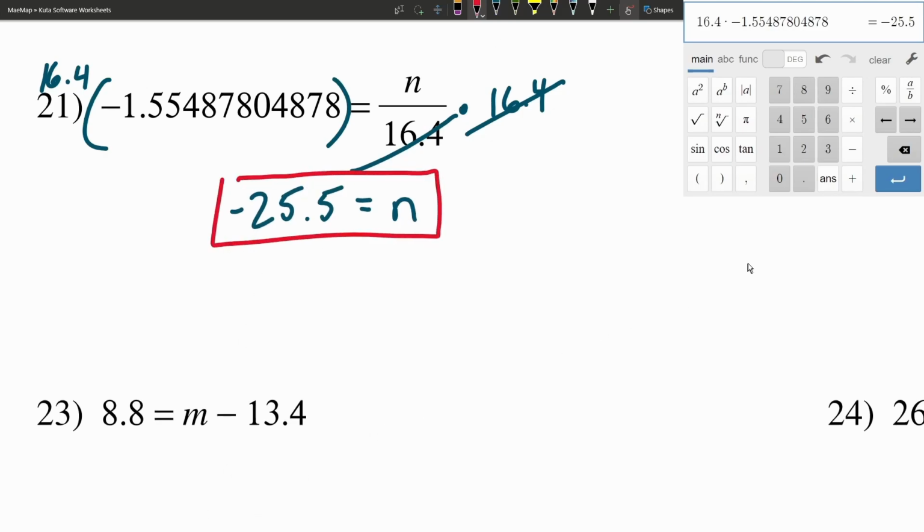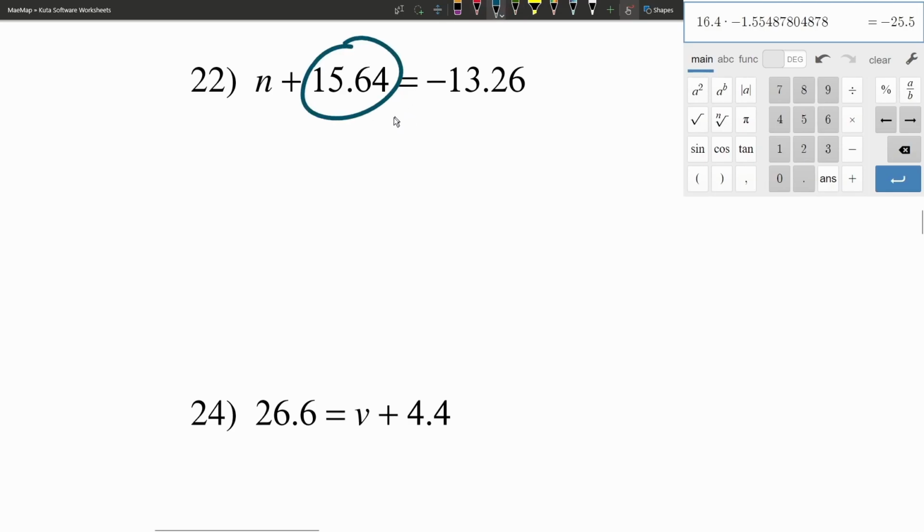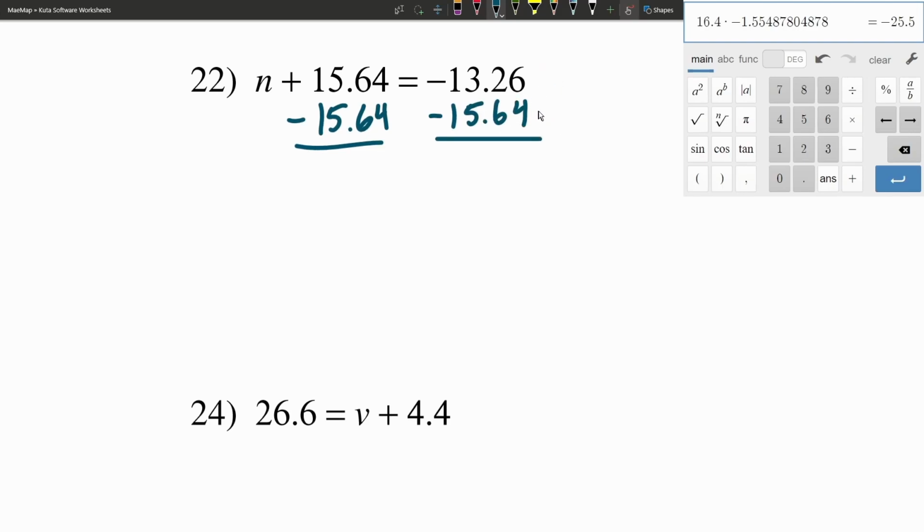Moving on to 22. N plus 15.64 equals a negative 13.26. So we're going to get rid of this 15.64 by subtracting 15.64. Now remember, we're going further into those negatives, so I'm just going to treat this like addition over here. A negative minus a positive is a negative plus a negative. So that negative number, we're getting further from 0.